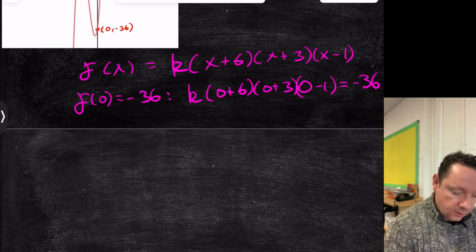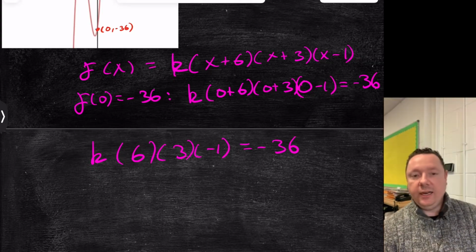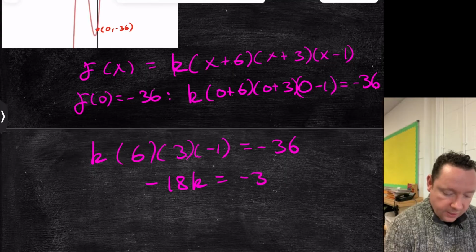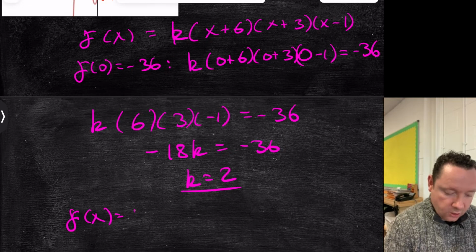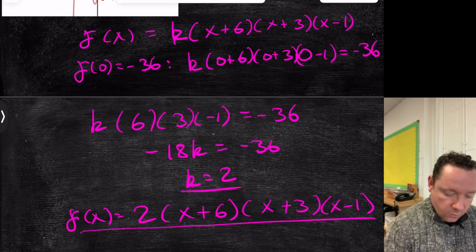It gives us k times 6, 3 and minus 1 equals minus 36. 6 3s are 18 times minus 1 is minus 18. So minus 18k equals minus 36. So k is equal to 2. So that means that f of x, to answer the question, is 2 times x plus 6, x plus 3, x minus 1. Obviously, the order of these brackets is not important at all.